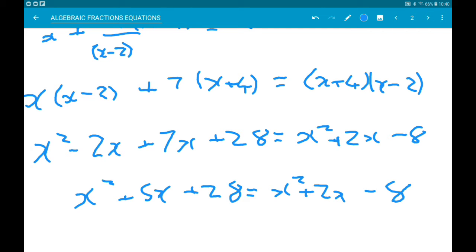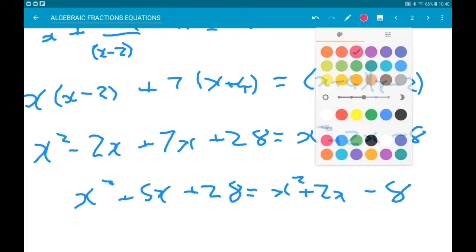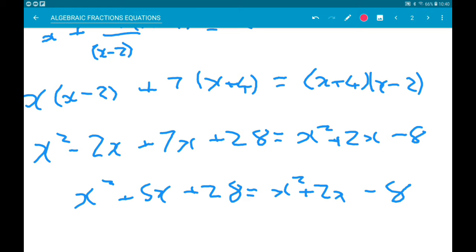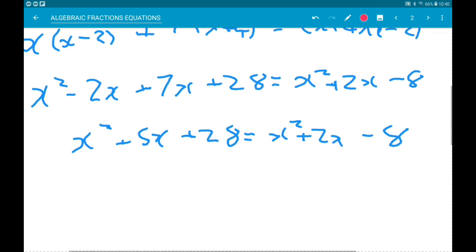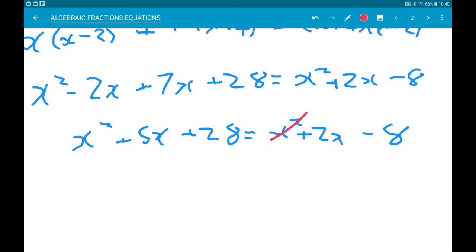Okay, now, quite happily, there is an x squared on both sides, so we can subtract an x squared from both sides. That leaves us with 5x, add 28 is equal to 2x minus 8.